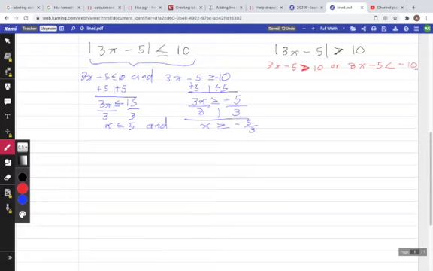And you can tell, because these are the same numbers, that the only real difference is going to be the signs. So over here we would end up with x is greater than 5, or over here we would end up with x is less than negative 5/3. And this is an OR inequality.